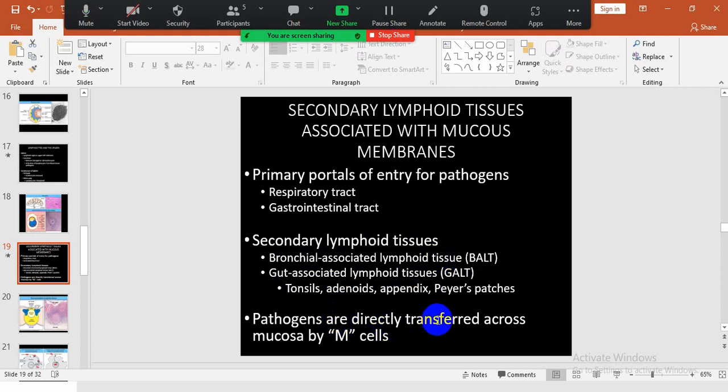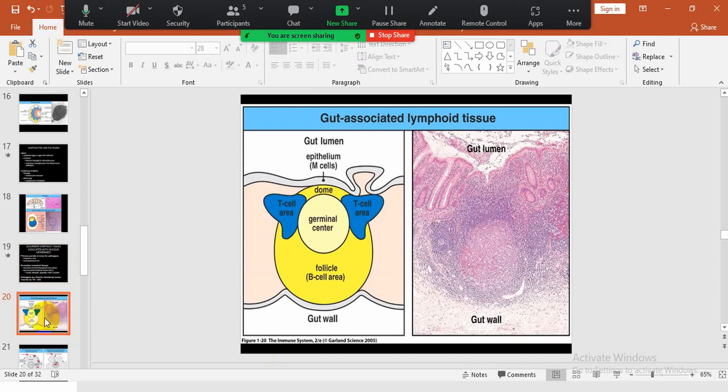So pathogens are directly transferred across mucosa. These places, the gut and the lungs, have a lot of mucous membranes or mucous tissues or mucous cells. So these mucous also help in protection of the body. So we have the gut-associated or gastrointestinal tract-associated lymphoid tissues.